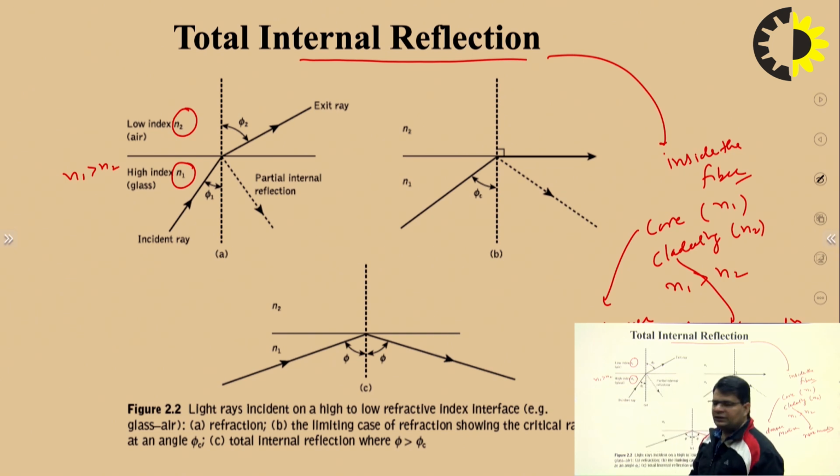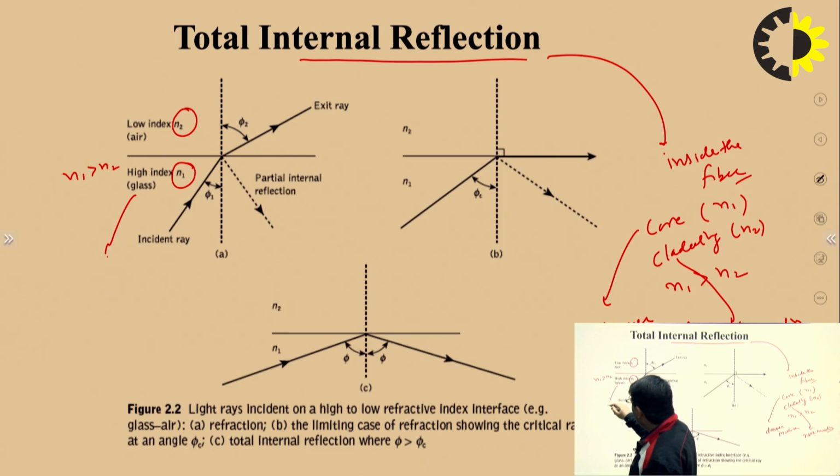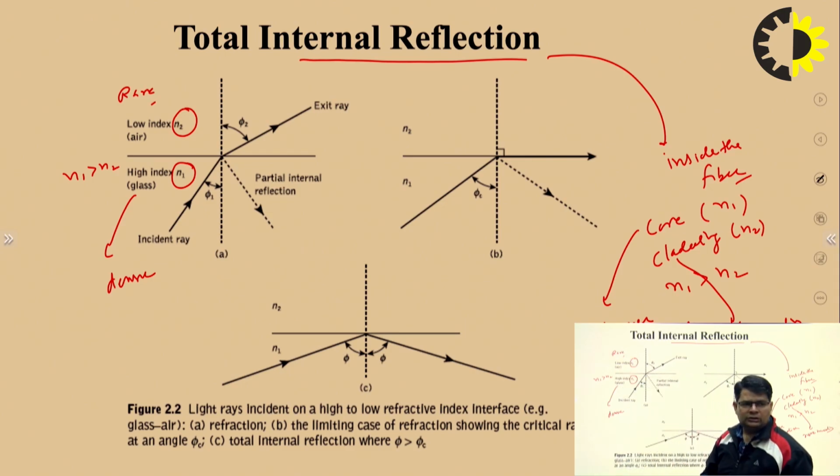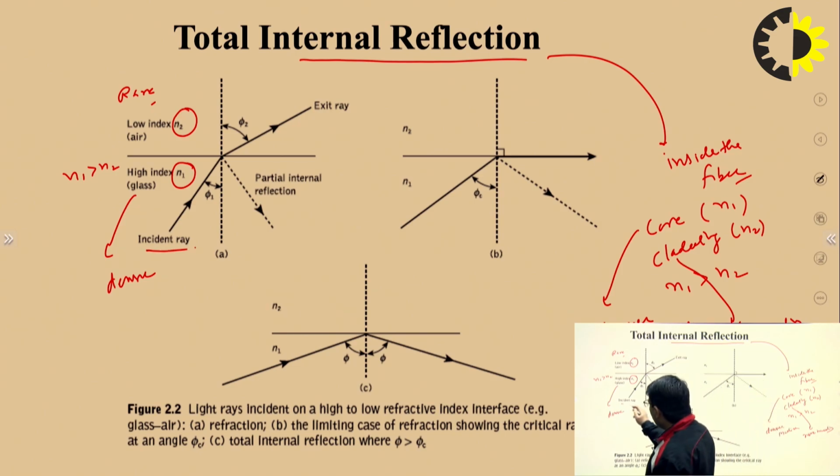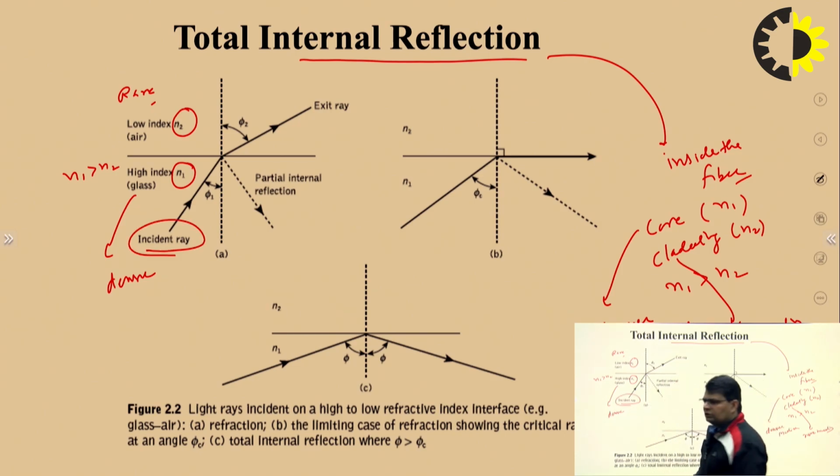So we can say that this is a denser medium and this is a rare medium. There is an incident ray, light is considered as a ray. Whenever the light is incident at the core cladding interface from denser to rare medium, this is the incident ray.